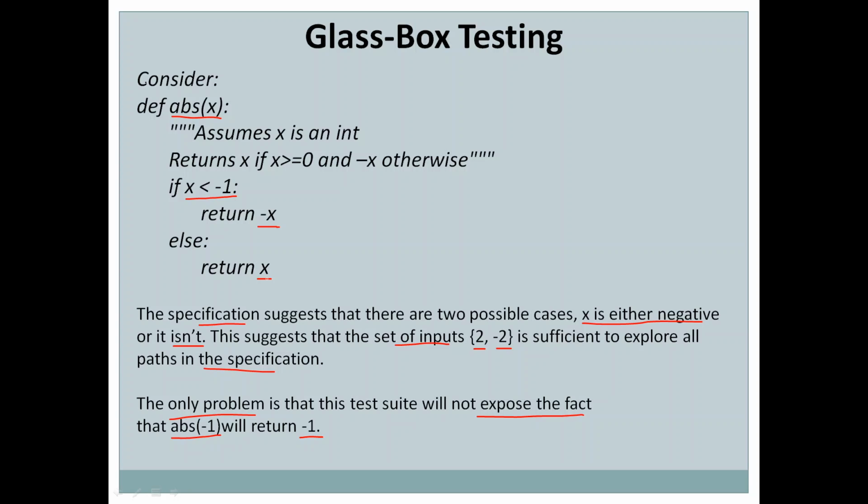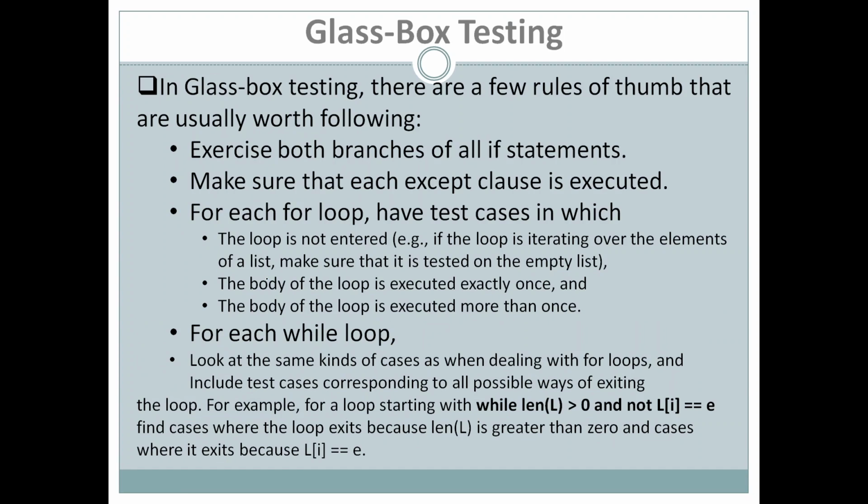So white box testing, even though we explore all the paths in the code, does not guarantee that all the bugs are exposed. In glass box testing, there are a few rules of thumb that are usually worth following. The first rule of thumb is to exercise both branches of all if statements.